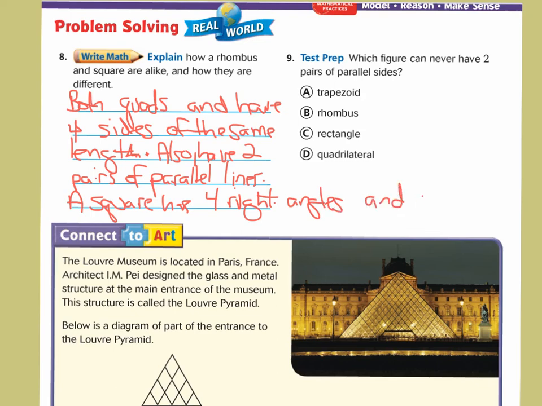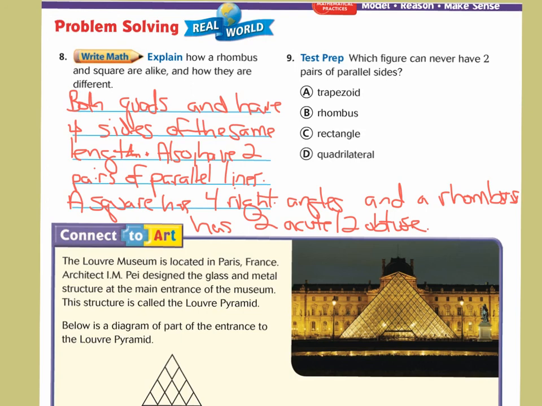And a rhombus has 2 acute and 2 obtuse. So really the angle measurements are what separate them from each other. And then lastly, number 9, our test prep. It says, which figure can never have 2 pairs of parallel sides?